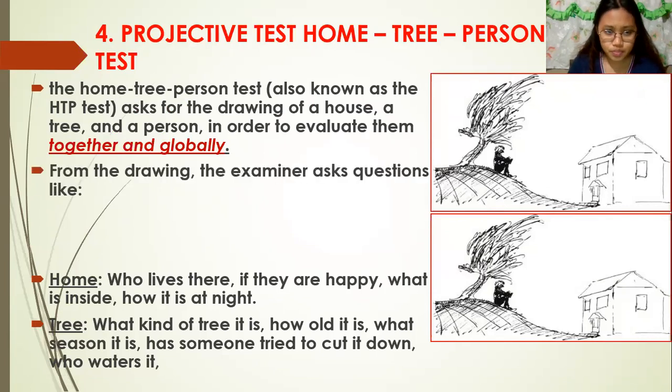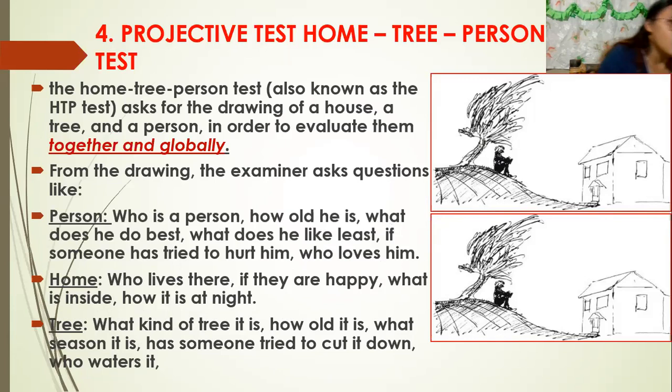So from the drawing, the examiner asks questions like, who is the person here, how old is he, what does he do, what does he not want to do, yan, who loves him, who hurt him.